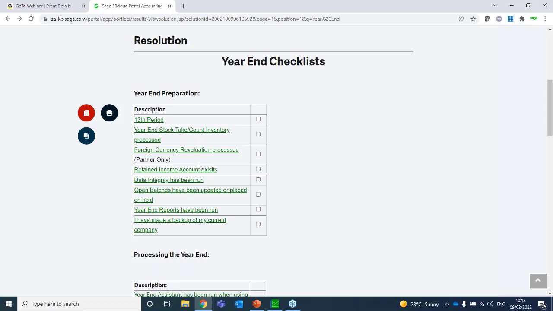So guys, if you don't use inventory, if you don't sell physical goods, you don't need to do a stock take or a count because you don't have anything physical to count. That's what a year-end count inventory, that's what it's called in Pastel, stock take is. You sell physical items like a can of Coke or a steak or a computer.